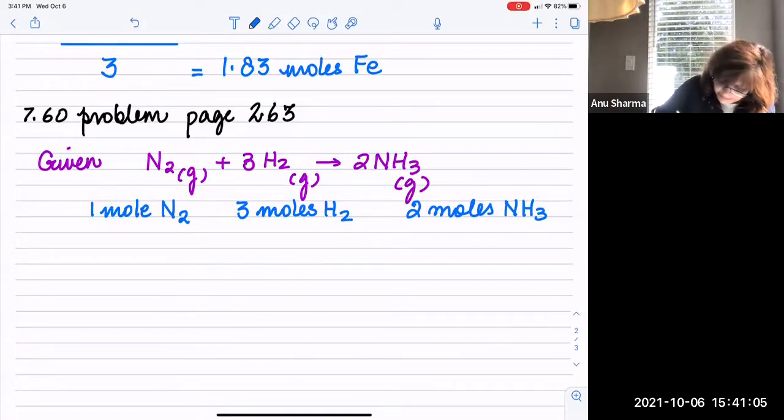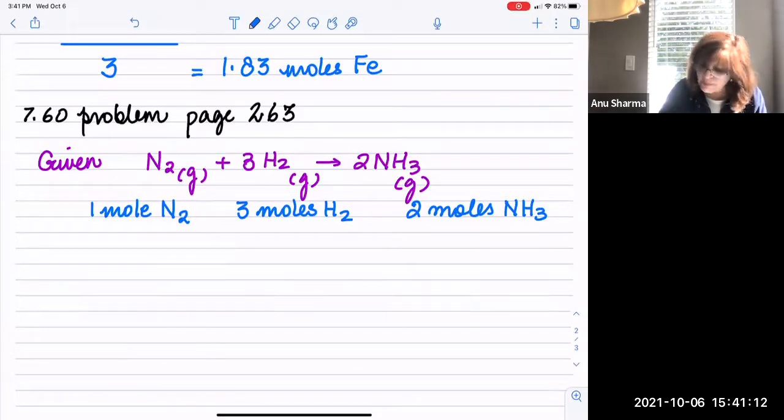Okay, so let's do part B here. How many moles of hydrogen are needed to react with 1 mole of nitrogen? For 1 mole of nitrogen, it's 3. So this is part 1.